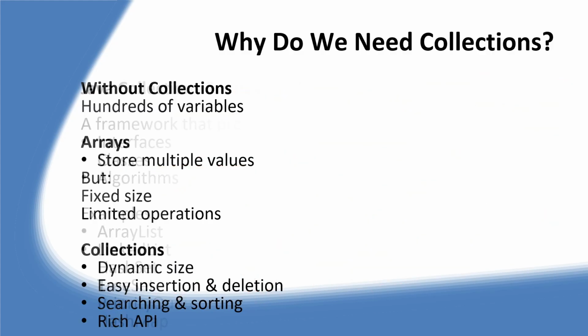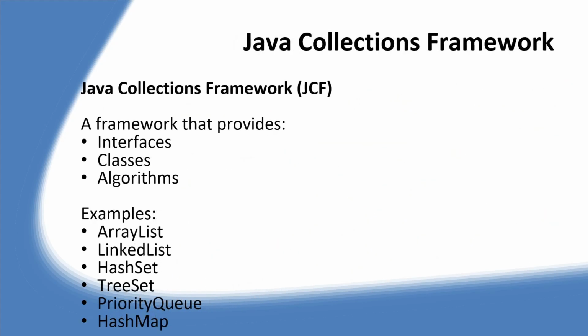Okay, we'll move on. Java collection framework. Java collection framework is a set of interfaces, classes, and algorithms provided by Java. So this is a framework. Framework means there is some implementation which is provided by Java. So a framework that provides interfaces, classes, algorithms. Interface we know, right?